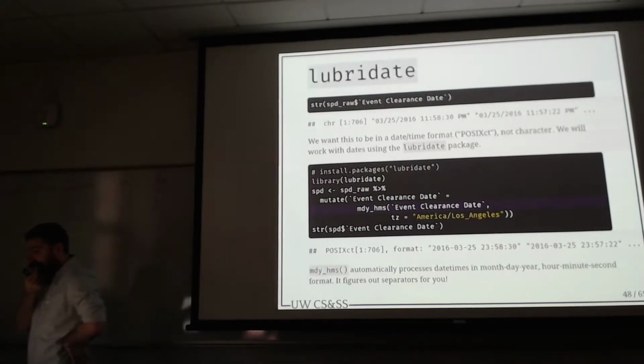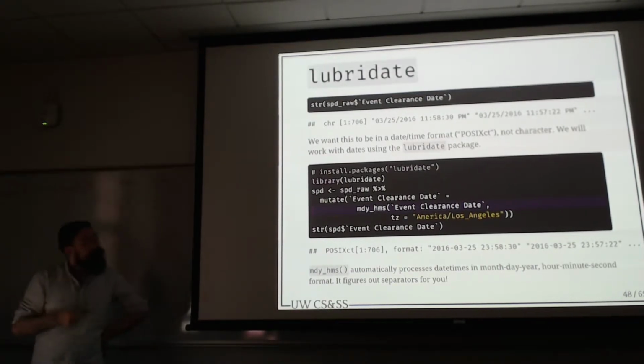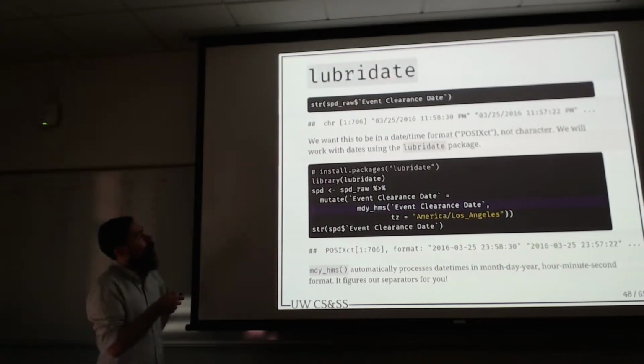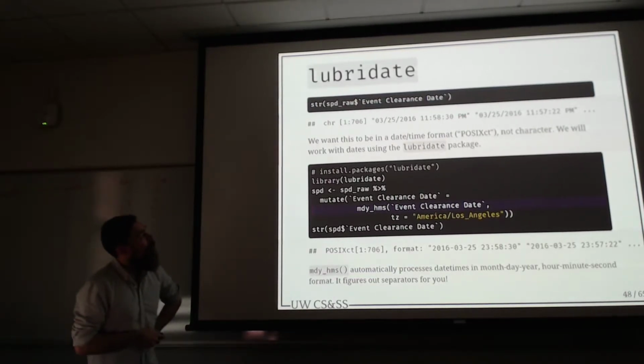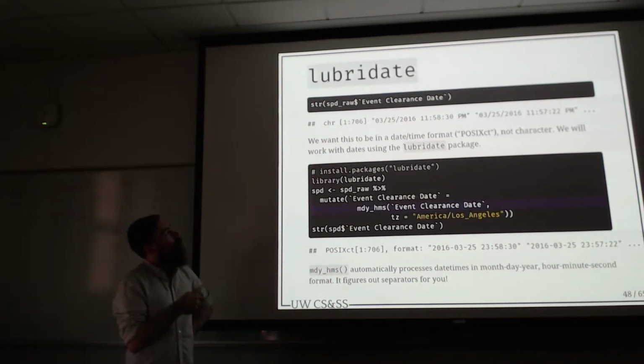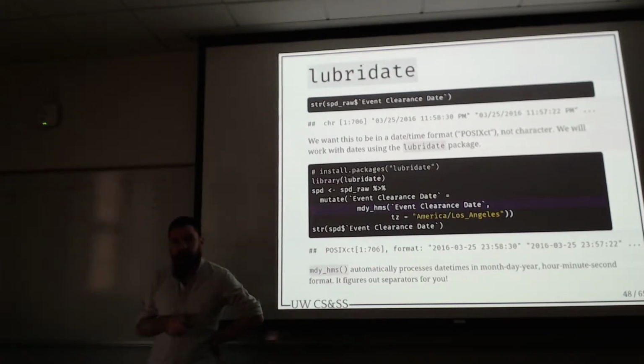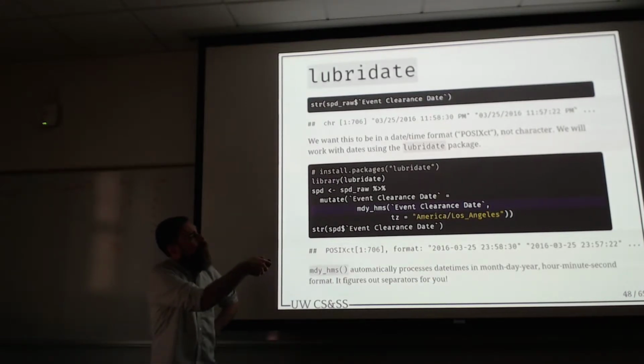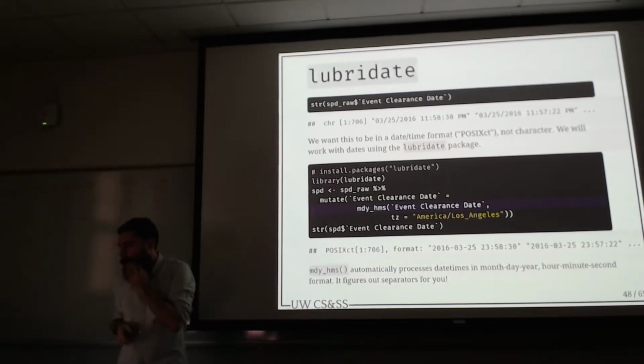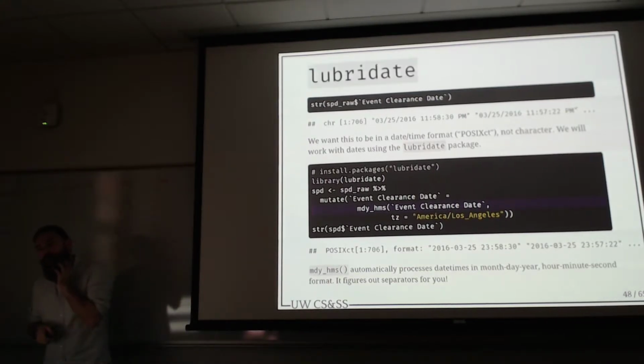Okay, so, first thing. I get the structure on SPD raw $event clearance date, and we see we have something that is a kind of time date object. We have month/day/year, then we have hour, minute, second, and PM. Okay? What we want is for this to be in a date time format.